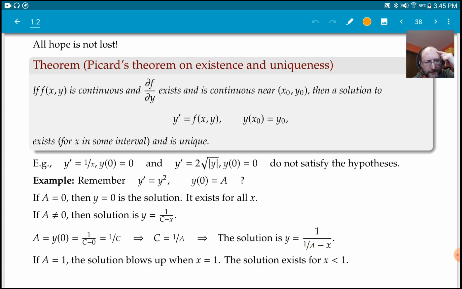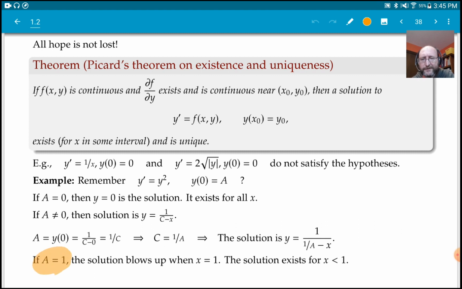Now, notice something about this solution. It blows up, and we saw before the graph of this. It's basically like 1 over x just shifted, well, 1 over minus x shifted.